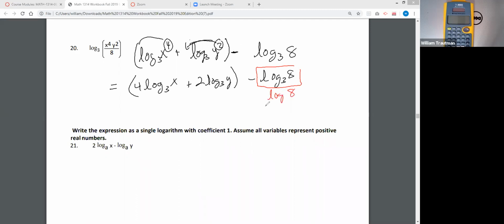Log 8 divided by log 3. Remember, it was the log of the top divided by the log of the bottom. Put that in your calculator. Log of 8. I need to make it bigger so I can see it on my screen.